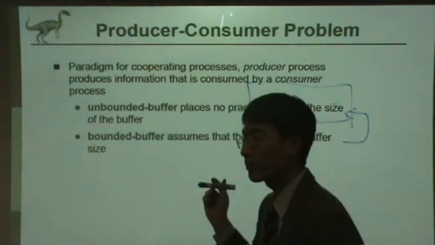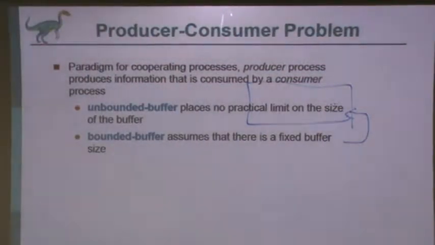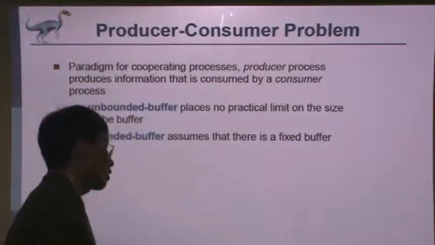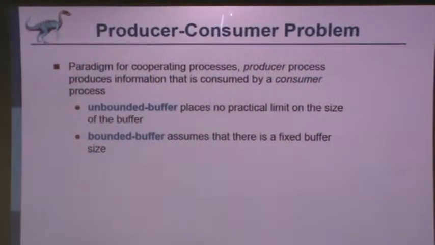Okay, that's the basic way of understanding interprocess communication. At that time, for such a medium between producer and consumer, we can define two types of buffer. For example, message queue.